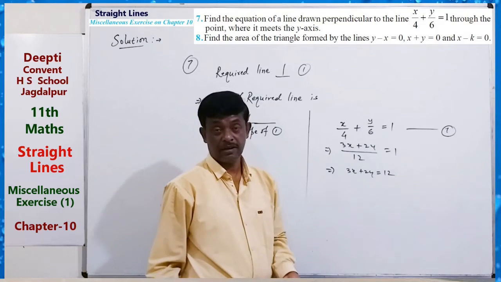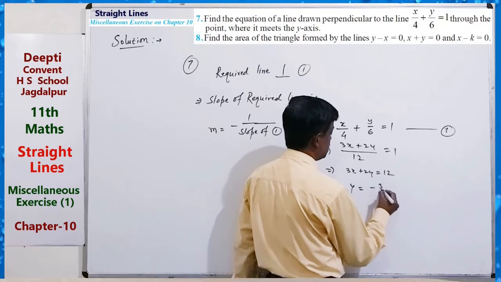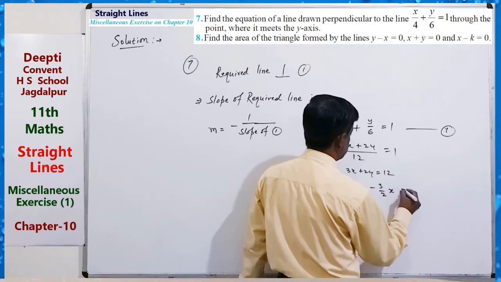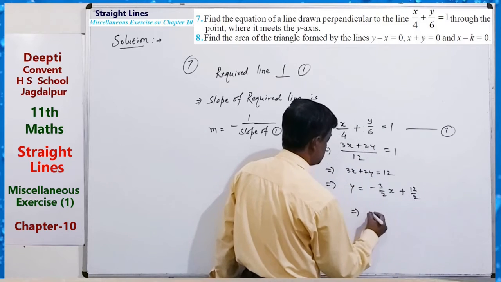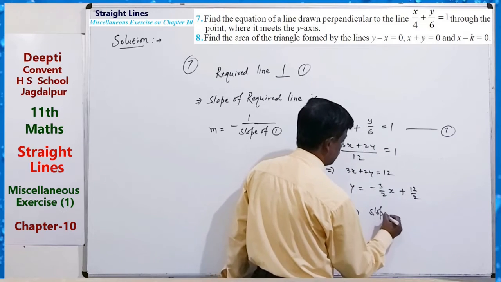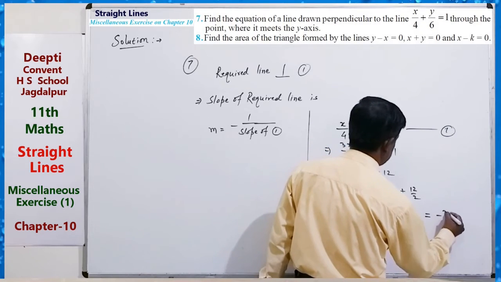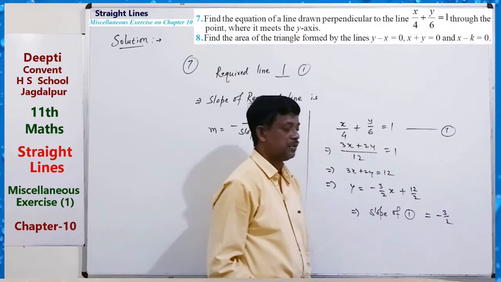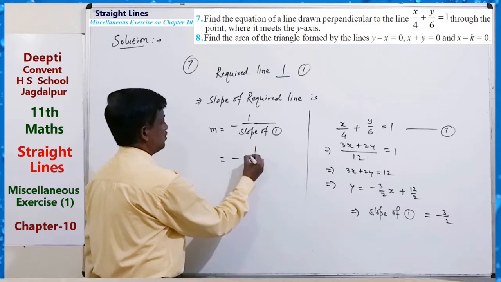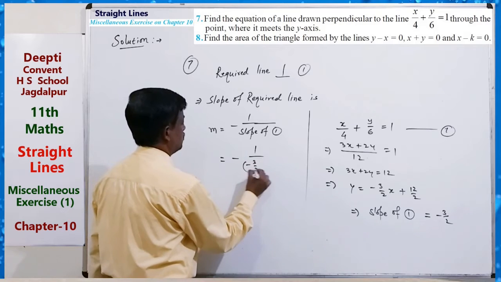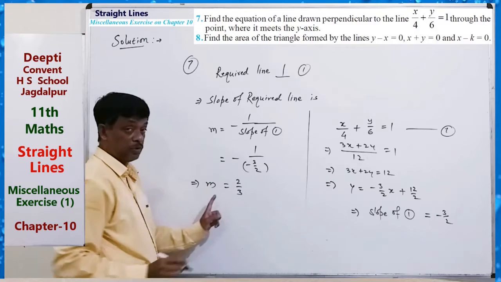So y equals minus 3 by 2 x plus 12 by 2, which implies the slope of line 1 equals minus 3 by 2. So minus 1 upon minus 3 by 2 equals 2 by 3, the slope of the required line.